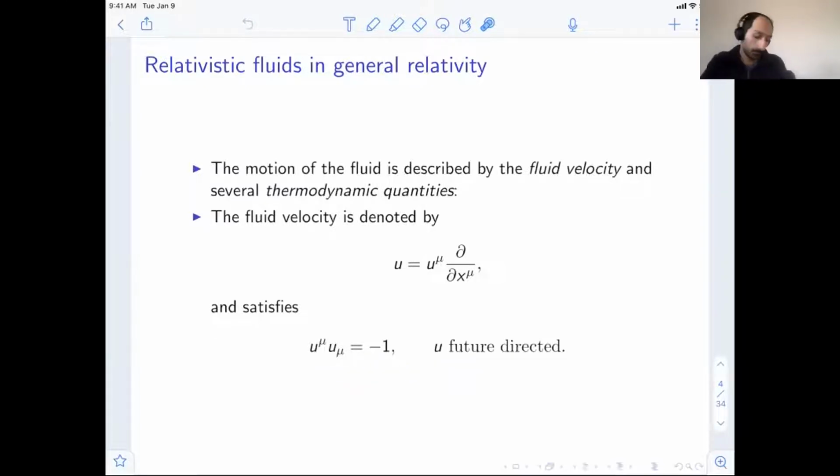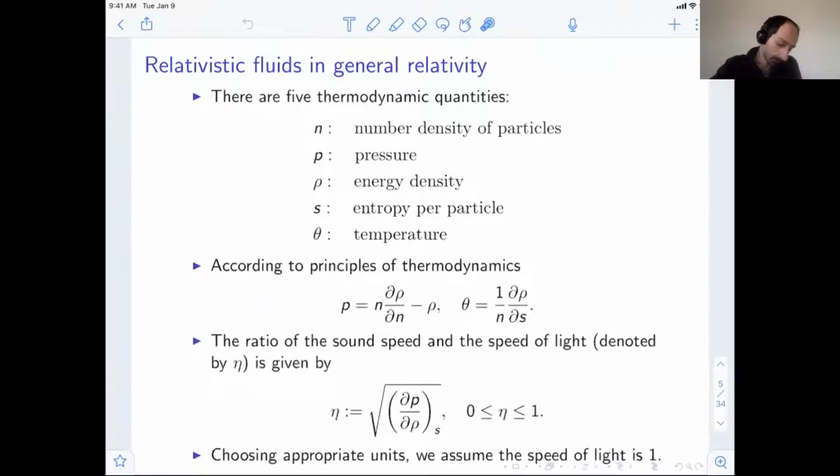And then there are the thermodynamic variables, of which there are quite a few, but most of these will quite quickly drop out for us. We're not interested in the most general case, but let's just write them. There's a number density of particles, which is n, pressure p, energy density rho, entropy s, and temperature theta.